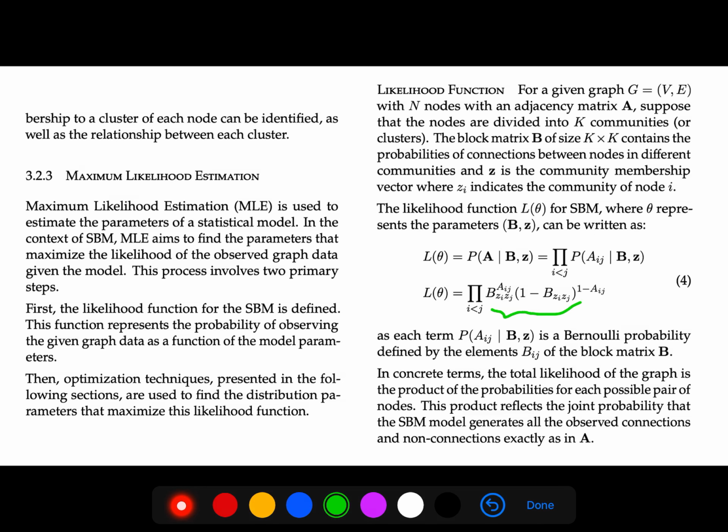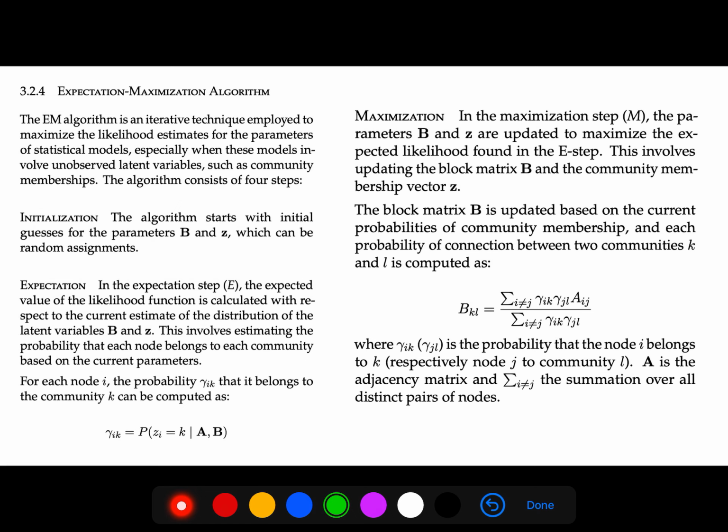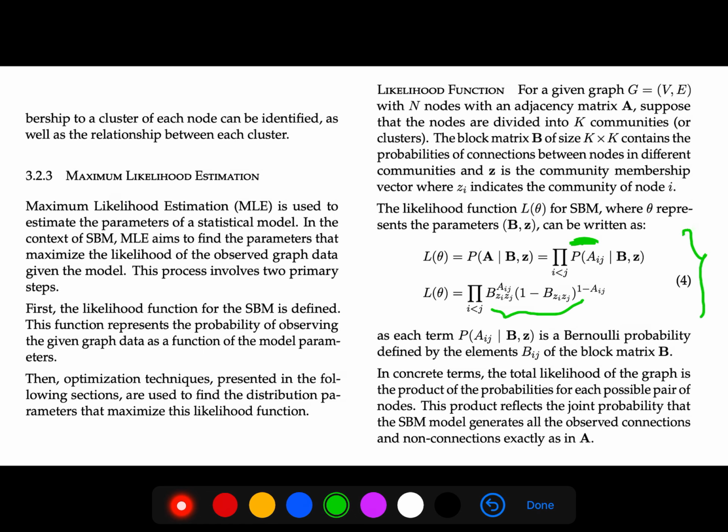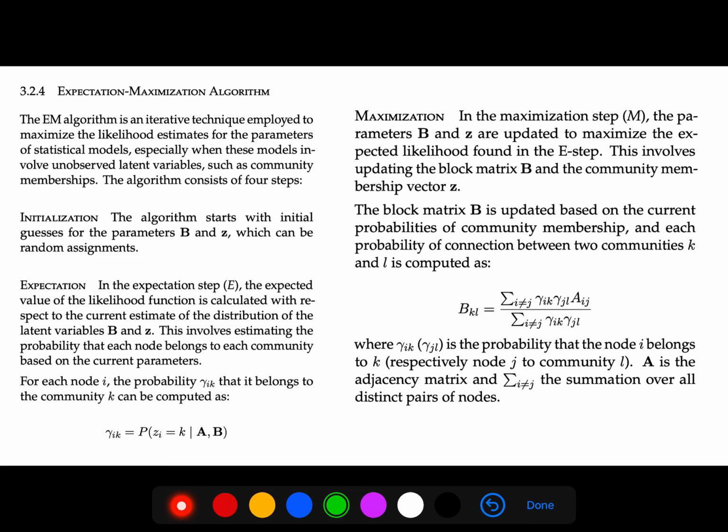So you see why the likelihood takes this form, and P is just a Bernoulli defined by the elements of B. I don't think your brain uses this kind of modeling to learn how messages should be passed to each other. Our brain is just a simulation, like a Monte Carlo simulation, just passing messages, nothing more. There is no concept of likelihood or probability distribution. Everything is by statistics.